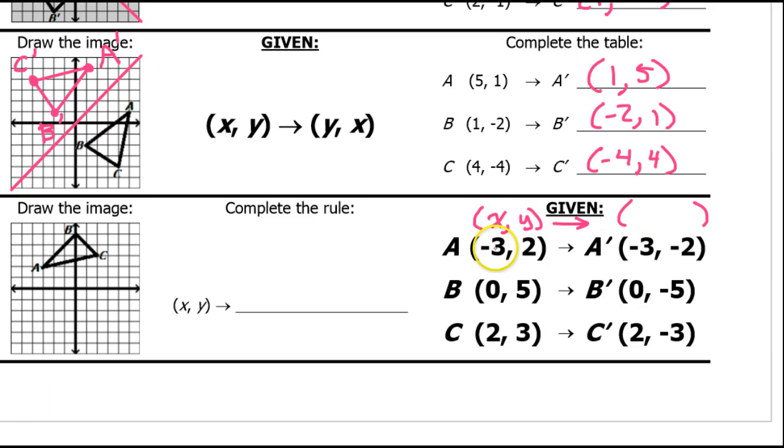What happened to that? So let me use colors to make sure it's really clear. So I see the negative 3 right there, and it looks like that just stayed the same. So in other words, it looks like we have x right here. We started with x, and then in the new point it's still x.